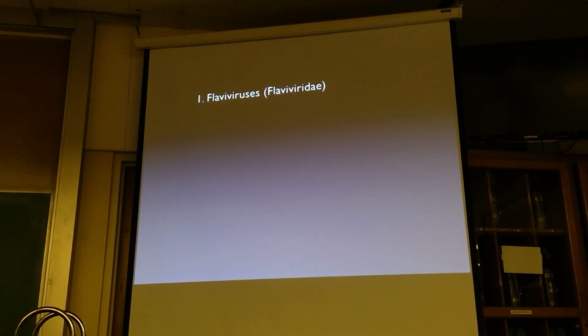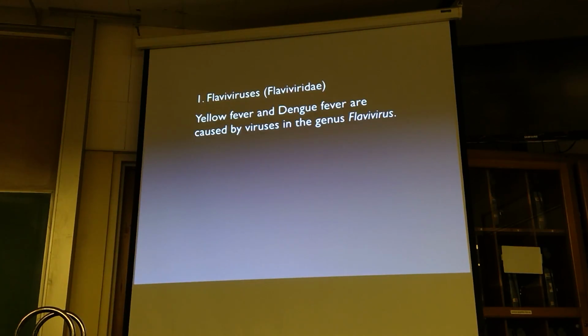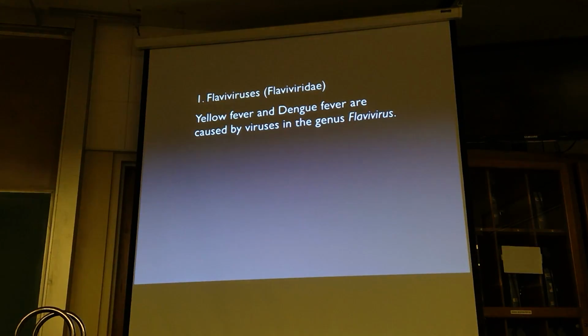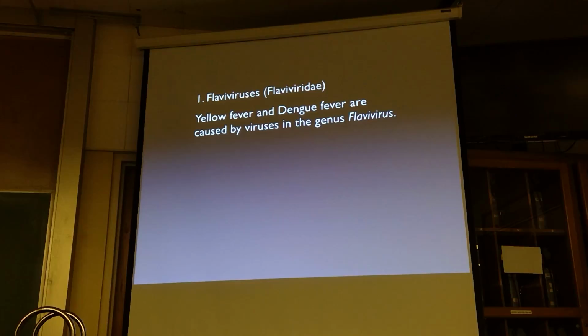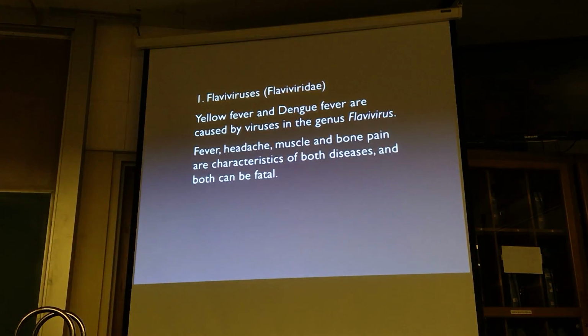Then we come to diseases of the circulatory system. Again, a flavivirus can cause yellow fever or dengue fever. So these viruses in this group, the genus Flavivirus, can cause more than just encephalitis.